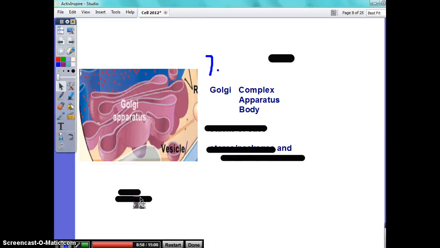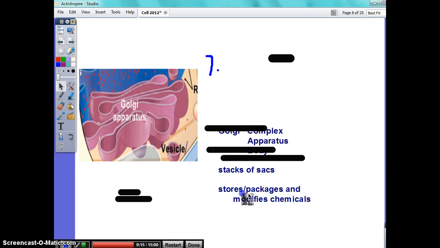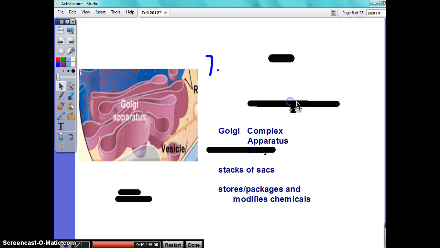You'll see when I show you the whole picture of the cell. What is the function of the Golgi? What does it look like? Let's go with that first. Is it the digestive system of the cell? That's a good way to kind of say it. It is kind of like the digestive system. It actually stores, packages, and modifies chemicals in the cell.